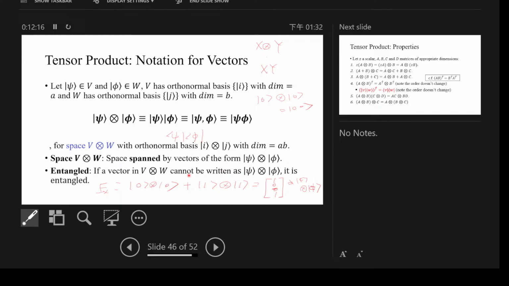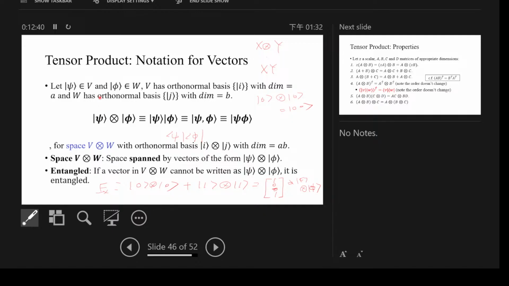And then we have a bit more notation here. If psi is from vector space V and phi is from vector space W, then here we also define a tensor product of vector spaces. This is actually an extra definition, but I guess this definition doesn't have too much to it.